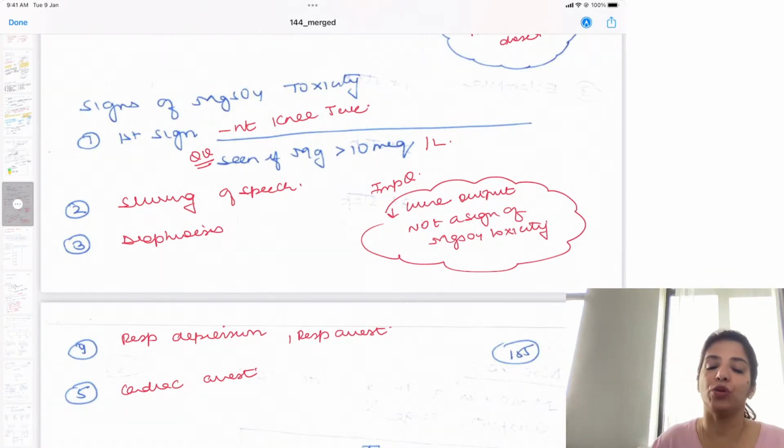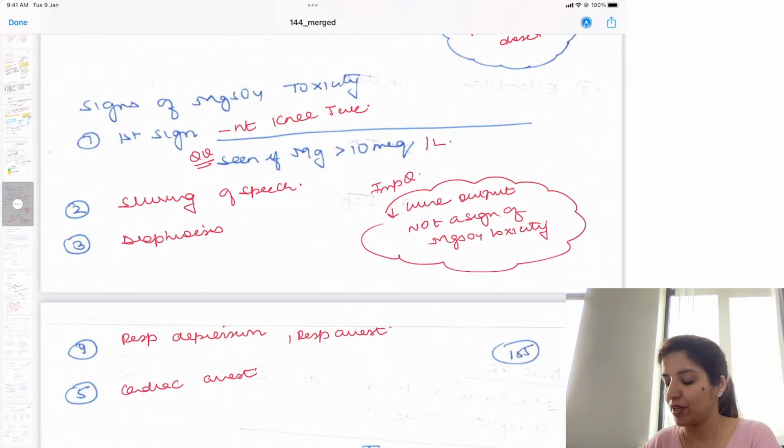We were checking urine output because magnesium sulfate is excreted through kidneys. So if a patient's urine output is decreased, magnesium sulfate will not be excreted and chances of toxicity will increase. Are you understanding? So if there is a decrease in urine output, it will lead to magnesium sulfate toxicity. Magnesium sulfate toxicity does not cause decreased urine output. So in short, decreased urine output is not a sign of magnesium sulfate toxicity. Is that clear to all of you?